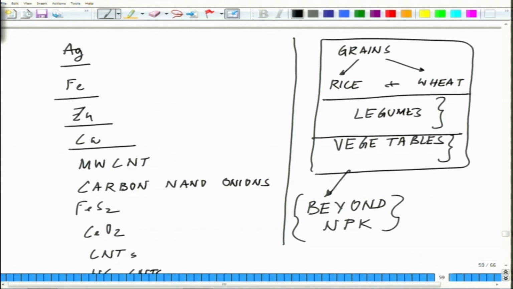We started as a race in the last century, the beginning of 1900, with the rise of NPK. And 100 long years, a little more than 100 years actually, almost 125 years now, in another decade or so.